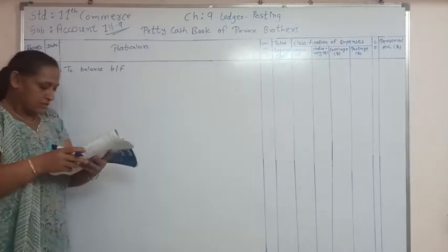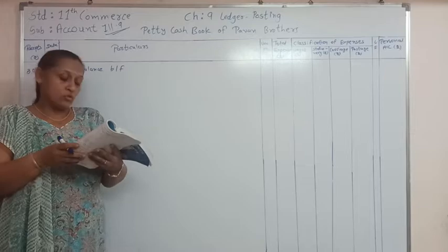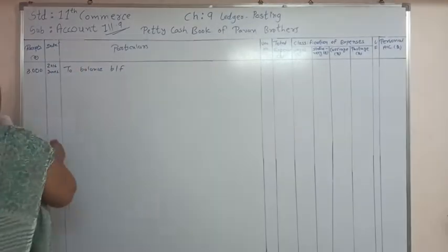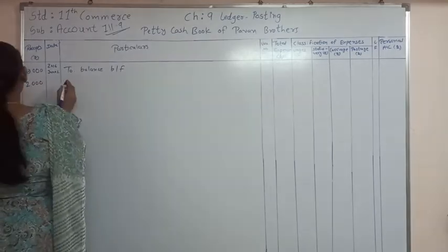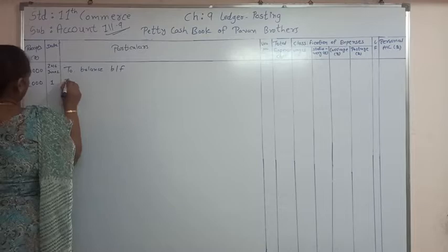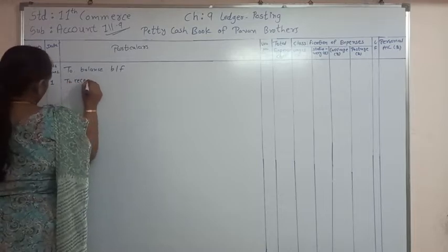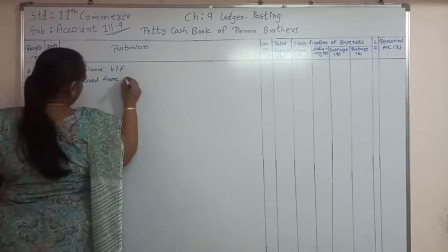Now the next, again on first, chief accountant has given rupees 2000 to Tina. So again we are receiving 2000 rupees. So here again 2000, and on first, to received from chief accountant.